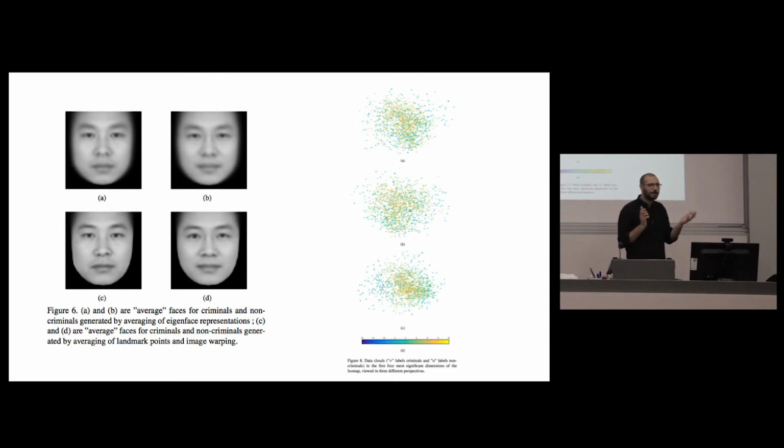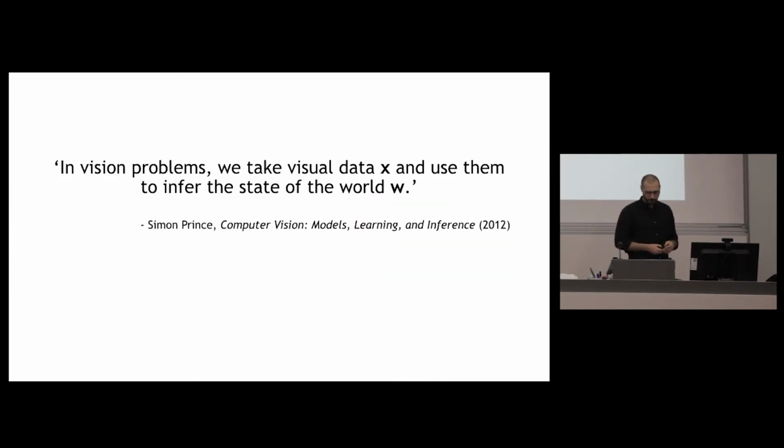So as you may have realized by now, computer vision systems don't see, right? They measure. Computer listening systems don't hear, they measure. They measure visual or audio data to determine a world state, the nature of the world that they are measuring.